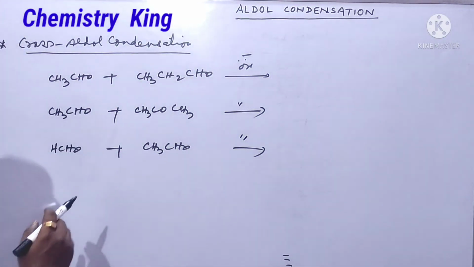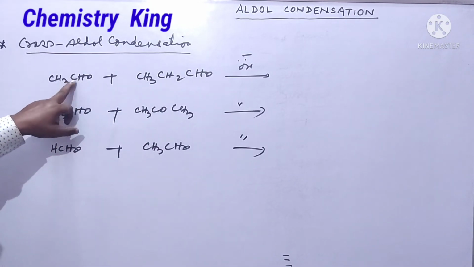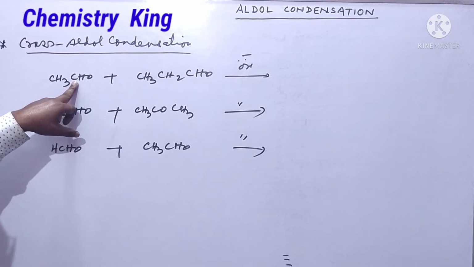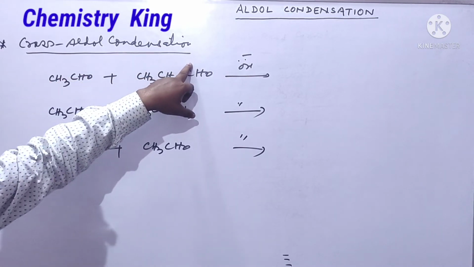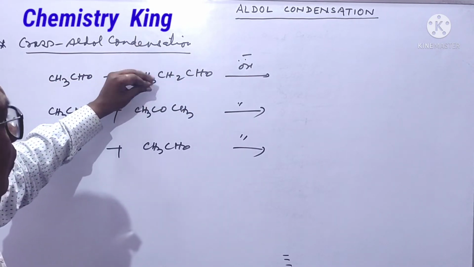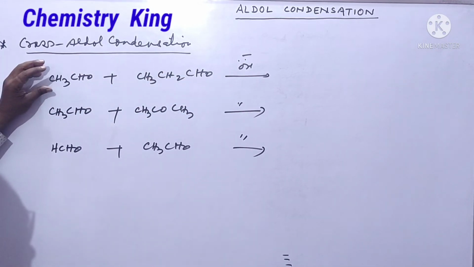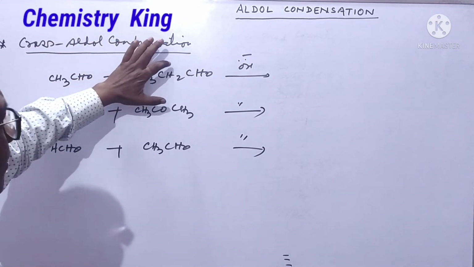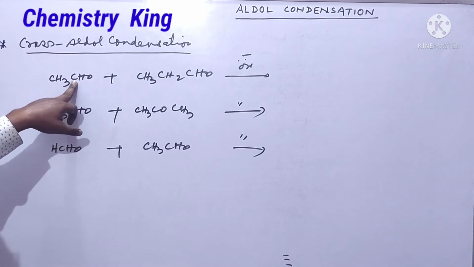So friends, first of all, see, this carbon is more prone to nucleophilic attack because delta plus charge is here, delta plus charge is also here, but the ethyl group will decrease this delta plus. Here only a methyl group is there. So the quantum of delta plus here is greater. So it is more prone to nucleophilic attack.